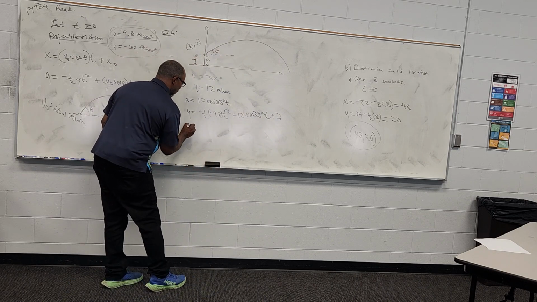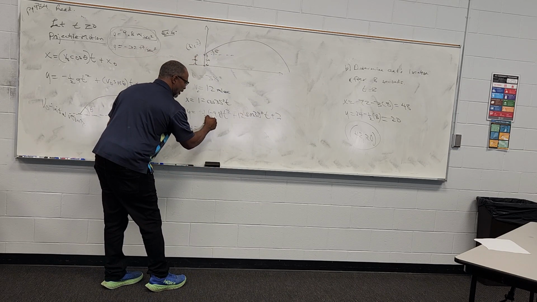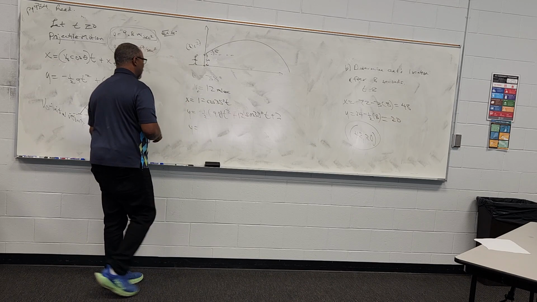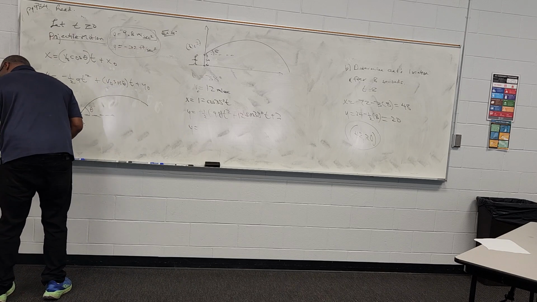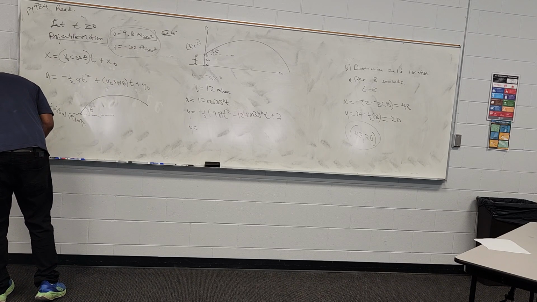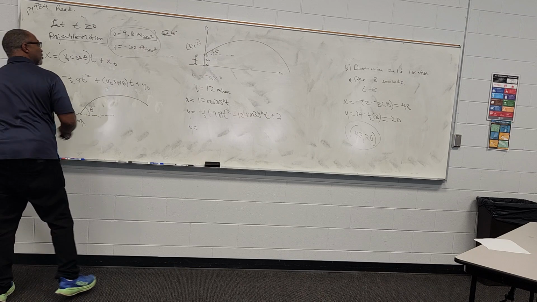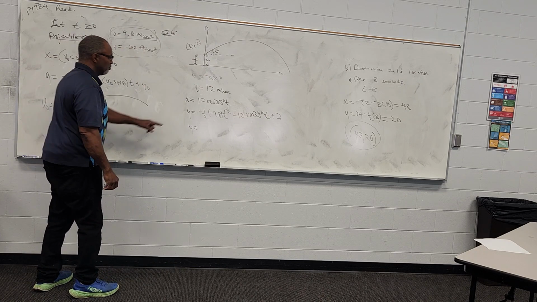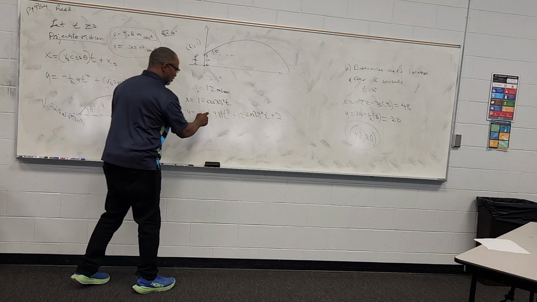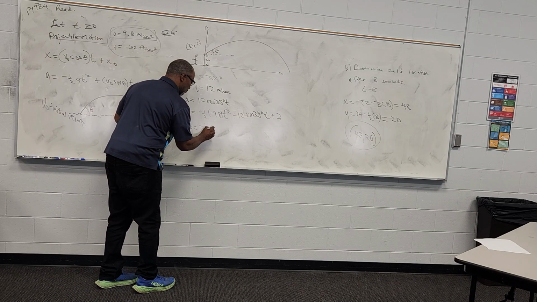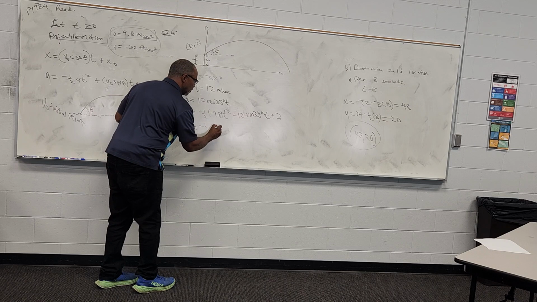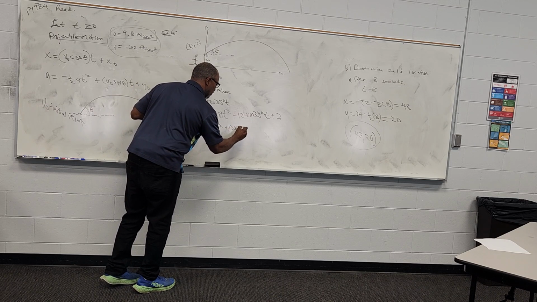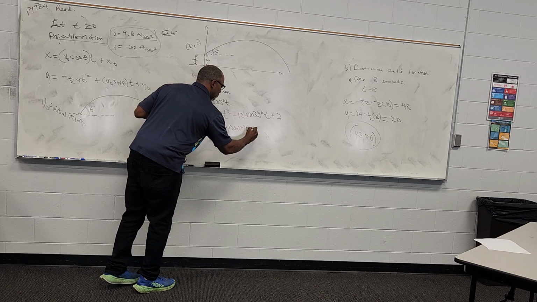So we can simplify this one. Those are positives, but again, it's a negative 1/2, so that's why it's a negative. So this becomes negative 4.9 T squared plus 12 sine 38 degrees T plus 2.